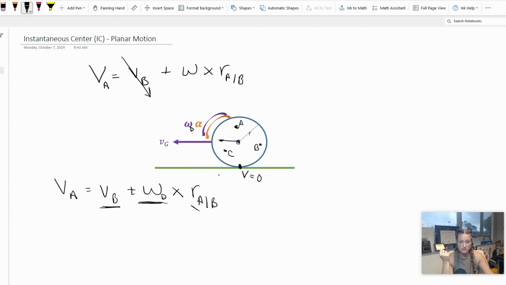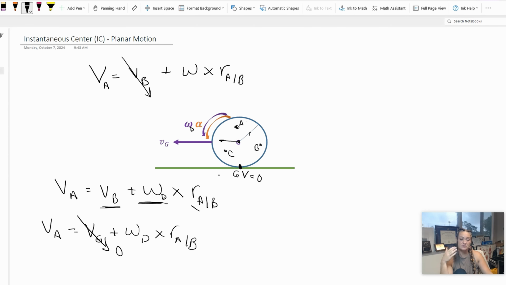But if I do, let's call this G. If I said VA equals VG plus omega D cross RA with respect to B, the problem becomes much more simple, right? So now we can take one of those unknowns out.